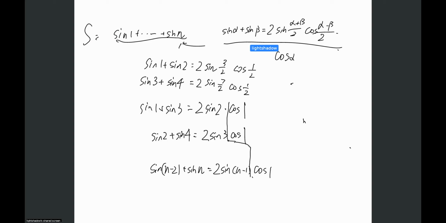What about considering this formula? I use sine 1, sine 2, so sine 1 equals like cosine, wait a minute. So how to express sine 1 here?